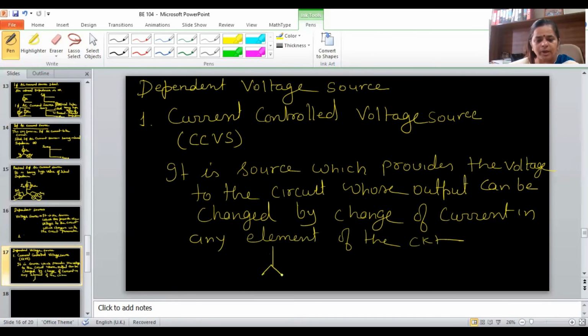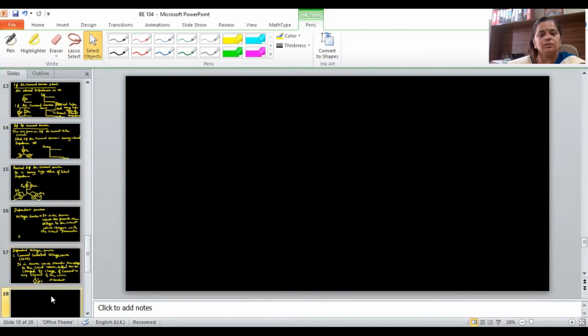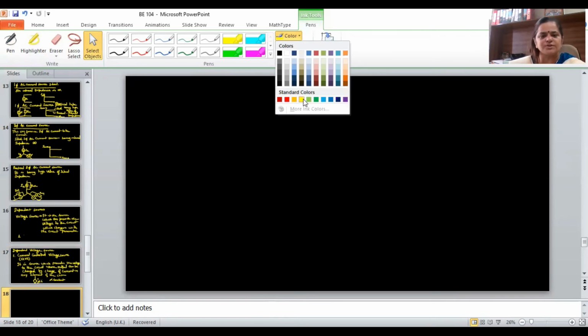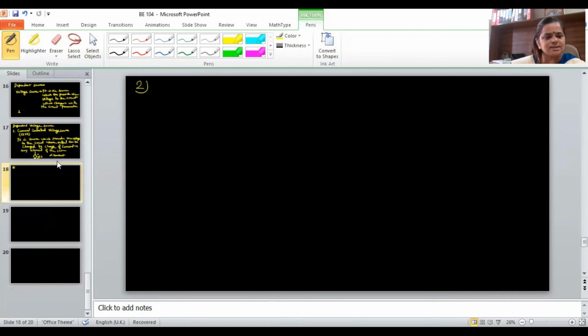The symbol will be like this, a square with plus minus, alpha into I, where alpha is a constant. This plus minus is showing that it is a voltage source, and this I is showing that it is a current controlled voltage source.